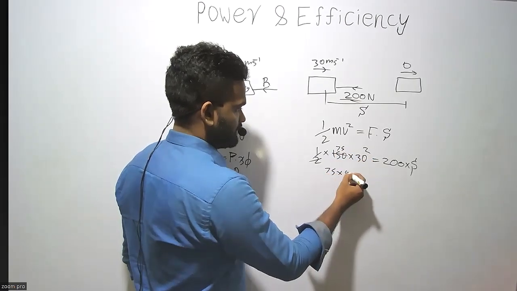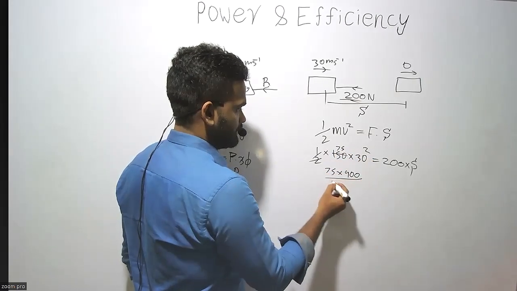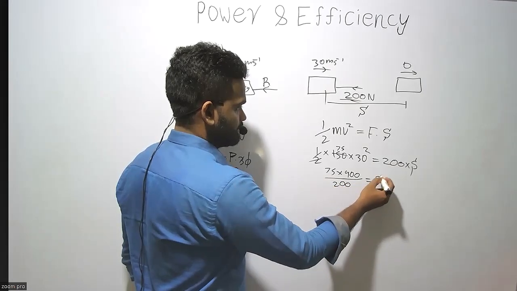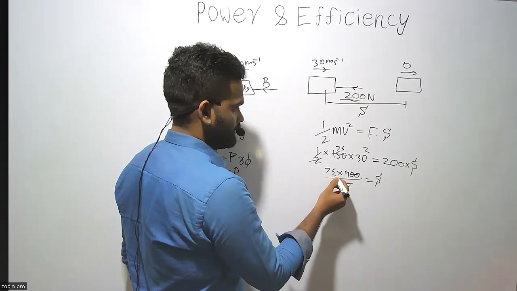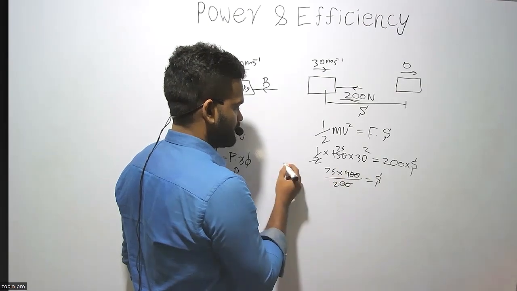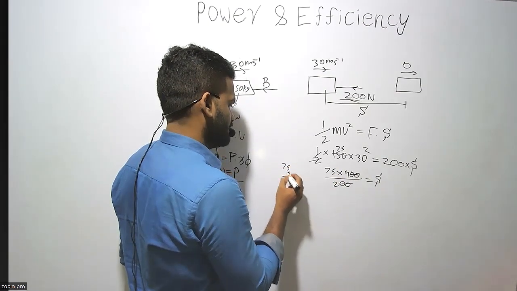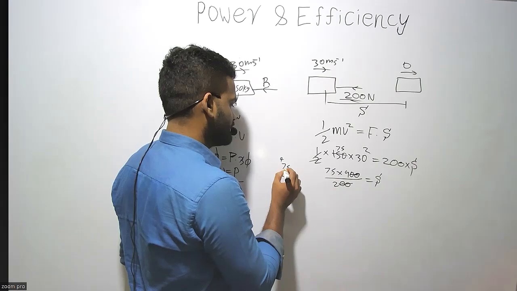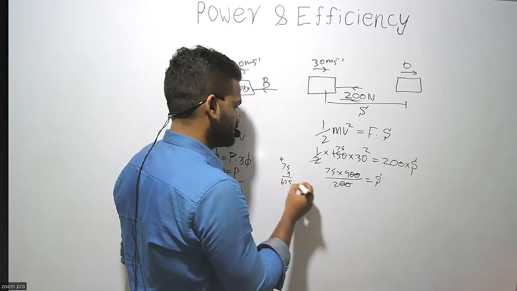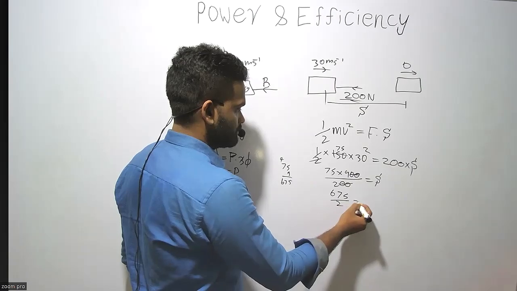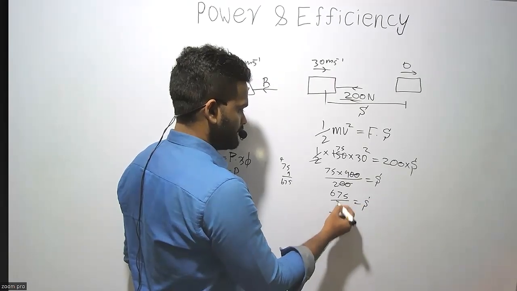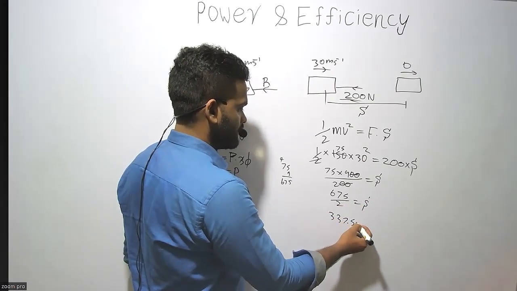So this is 900 divided by 200 is equal to s. 0 cancels off. 75 times 9 is 675. 675 divided by 2. 337.5 meters.